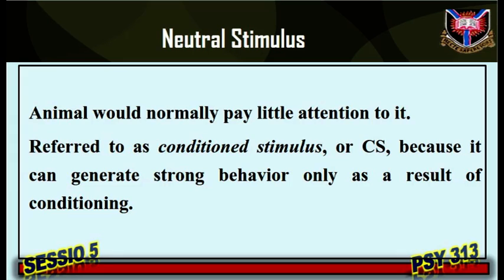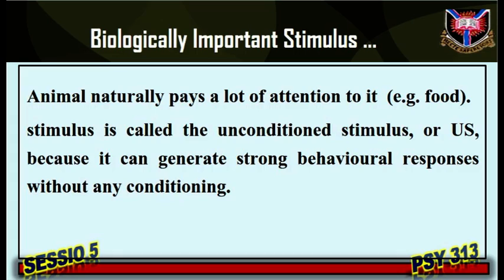This stimulus is called the conditioned stimulus or CS because it can generate strong behavior only as a result of conditioning. The other stimulus is a biologically important stimulus that an animal naturally pays a lot of attention to, e.g. food. This stimulus is called the unconditioned stimulus or US because it can generate strong behavioral responses without any conditioning.